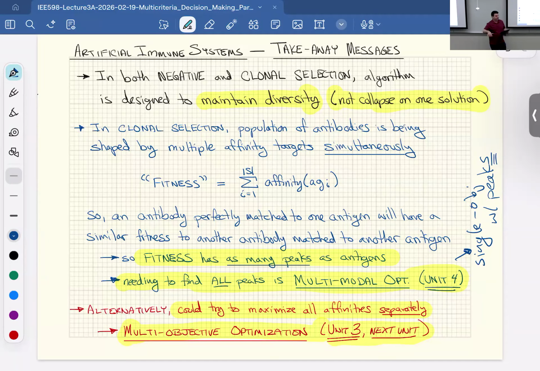In Pareto optimization, which is the big part of Unit 3, we are factoring subjectivity out and putting it at the end of the process, so that we can have a conversation with stakeholders about how to do the weighting after we've excluded things which no one should choose. So we'll see how that works. But any other questions about immunology? A lot of these other multimodal, multi-objective topics we're about to get to.